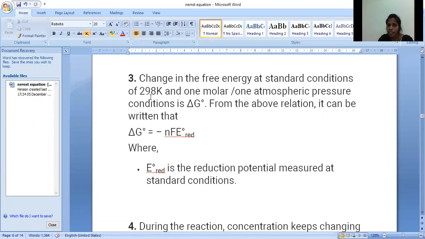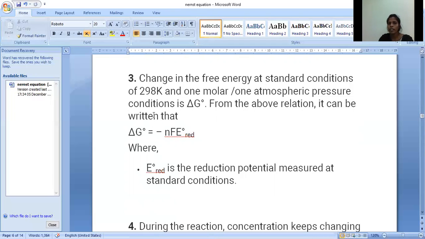How do we convert degrees centigrade to Kelvin? By adding 273. If we add 273 to 25, we get 298 K. That is 298 Kelvin, and 1 molar or 1 atmosphere pressure conditions give delta G naught.